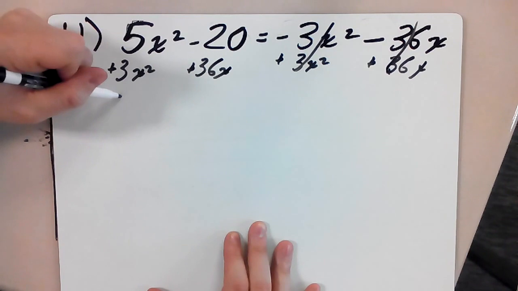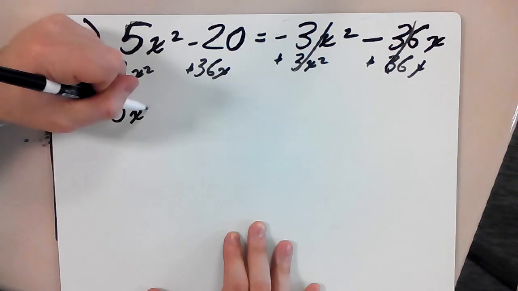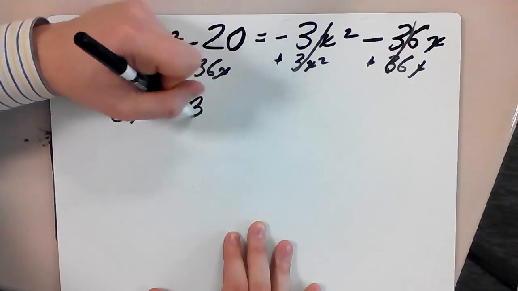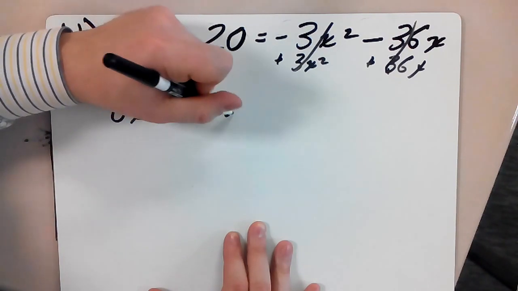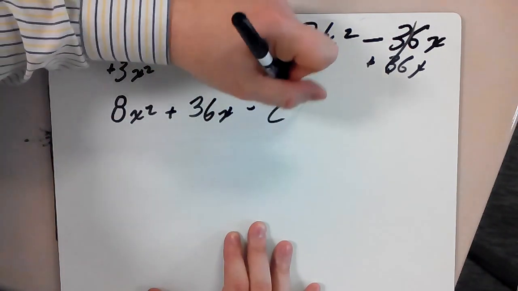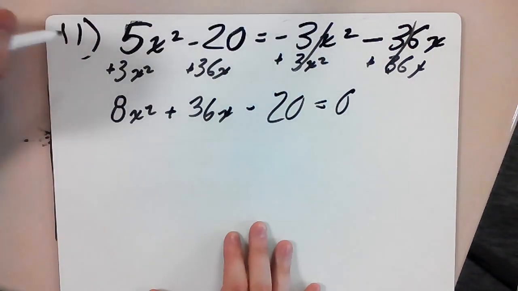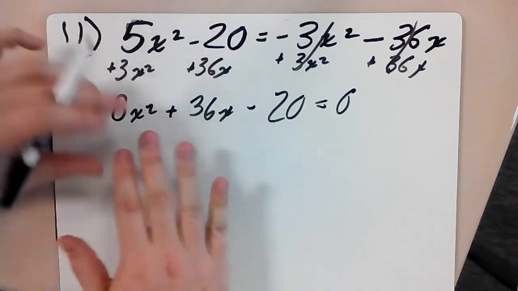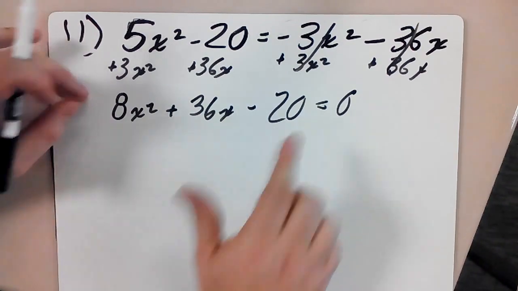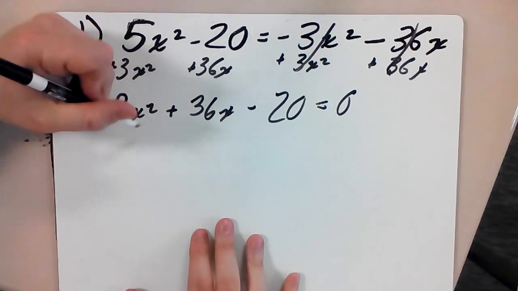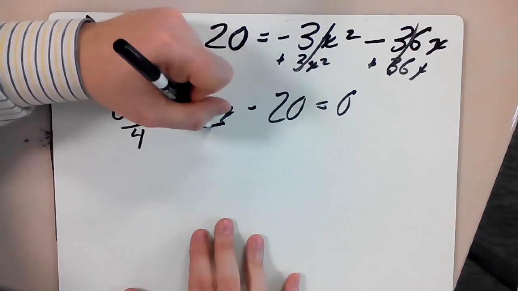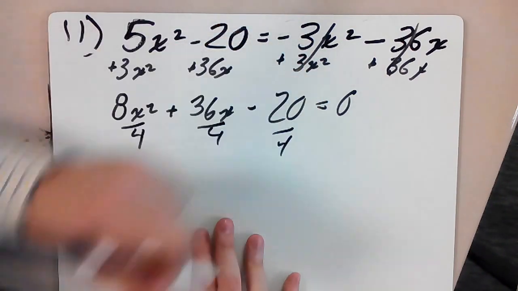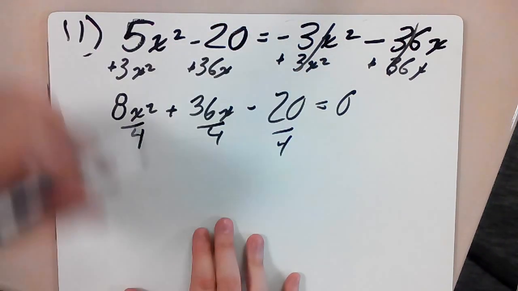So now I get 8x squared plus 36x minus 20 equals 0. Okay, this looks really intimidating. So I take a second and I look, and I notice that these are all divisible by 4. So I'm basically taking out a greatest common factor of 4. That's going to make this problem a whole lot easier.